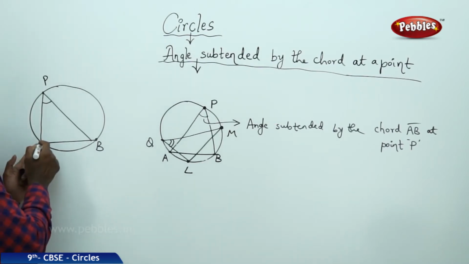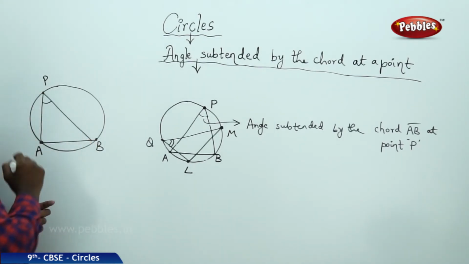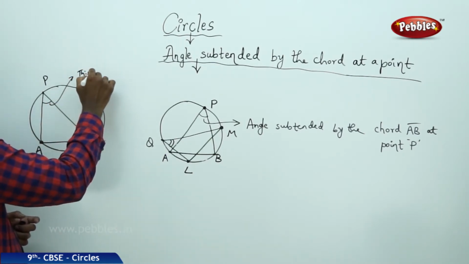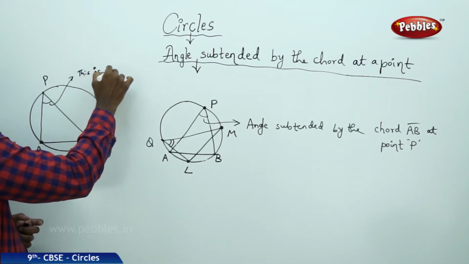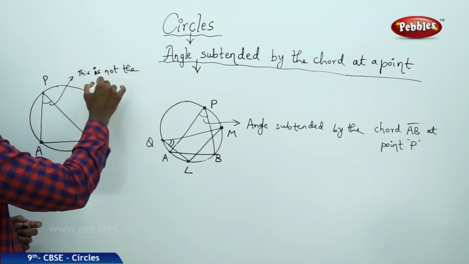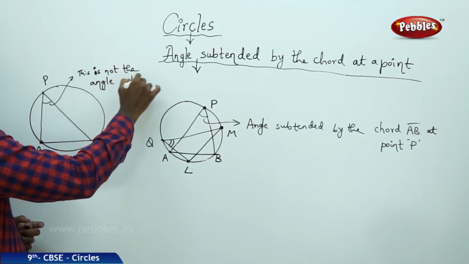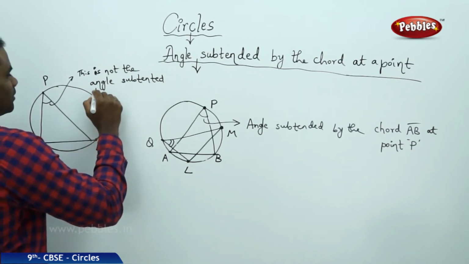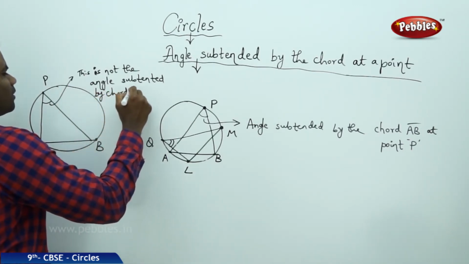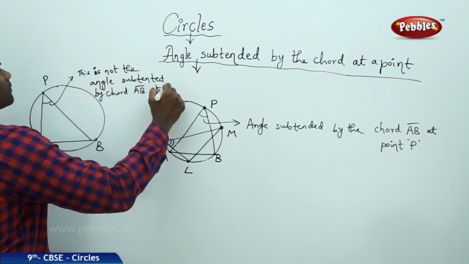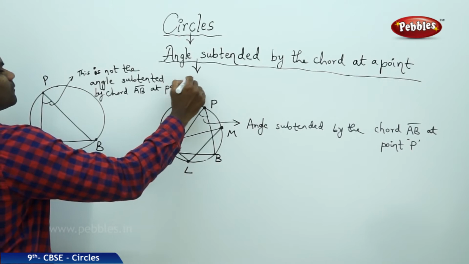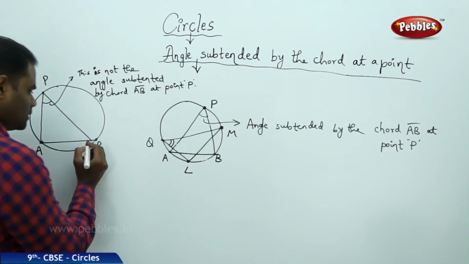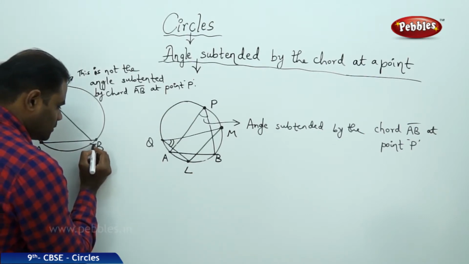But since this gets subtended with the point, and this does not get subtended with the point, therefore I say this is not the angle subtended by chord AB at point P, because this region is left over.